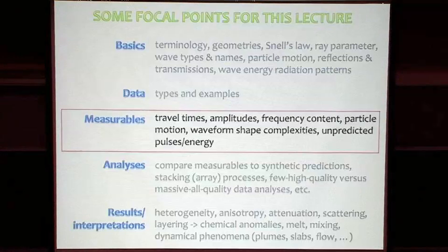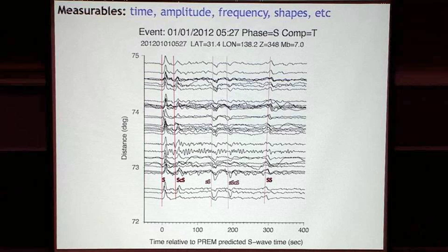Okay, so what do we actually measure from these things? Travel times, amplitudes, the spectra, particle motion, wave shape complexities, sometimes things you don't predict. Now this is just a very quick slide sequence because I'll talk more about this next Tuesday. I cherry-picked an earthquake from New Year's Day. Now I'm showing S waves in the transverse component of motion.